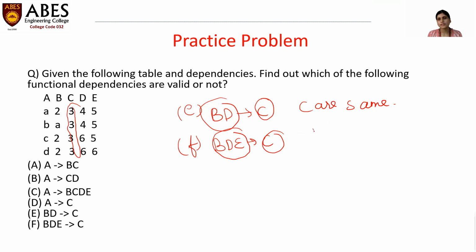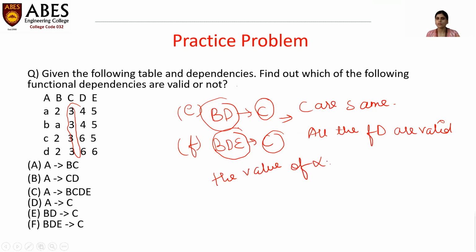We can directly say that all the FDs are valid. The beta does not depend on the value of alpha. We need not check the value of alpha if all the values of beta are the same. So these are the two short tricks that we can use to solve the question easily and quickly.